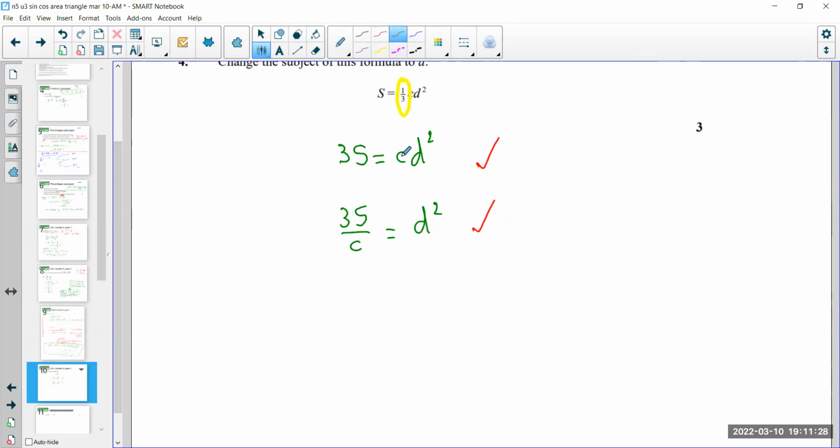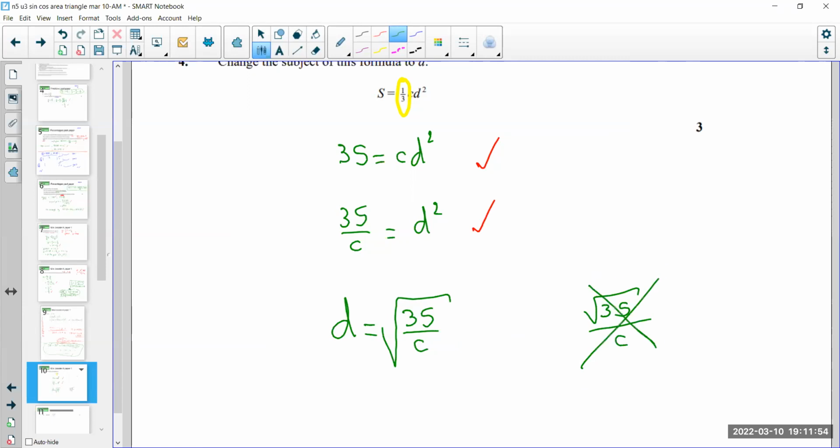Taking the square root. But guess what? Some people still lose marks here. When you take the square root of 3s over c, you make the square root go across the whole fraction of 3s over c, not a square root of each part separately.